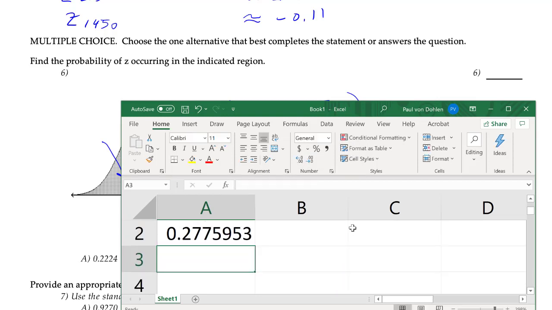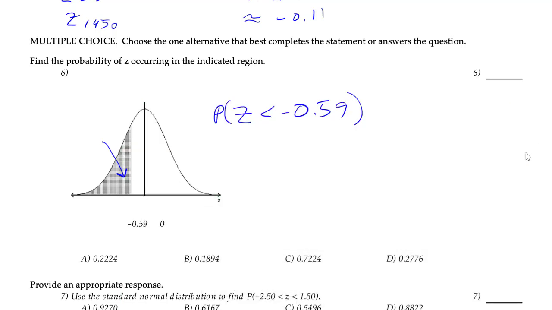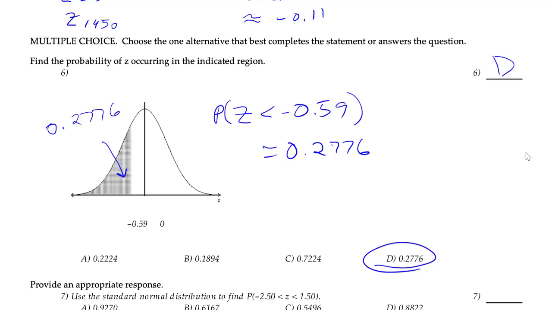We get 0.2776. And there we are. And remember, we could take that area directly because that was to the left of the z value, and that's what we're looking for.